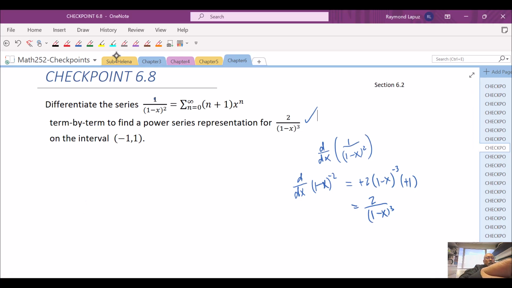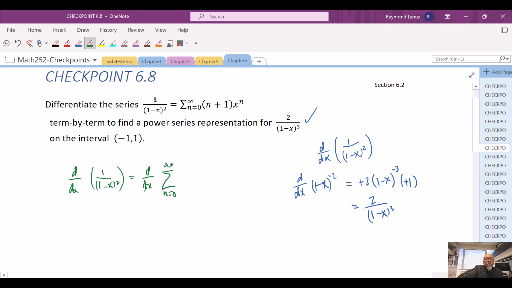So in our differentiating, we will get, the d/dx of 1 over (1 minus x) squared will equal the d/dx of this series, n goes from 0 to infinity of (n plus 1) times x to the nth power.